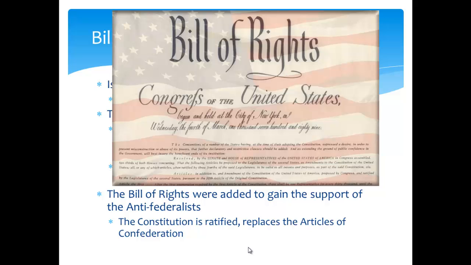We fought a revolution against a monarchy, a constitutional monarchy, but a monarchy nonetheless, and we want to make sure that those individual rights we believe in are enshrined within the Constitution. So we'll make those 10 changes, and we'll specifically outline what are some rights we have as an American. And this is the final blow to the Articles of Confederation, which ceases to exist.